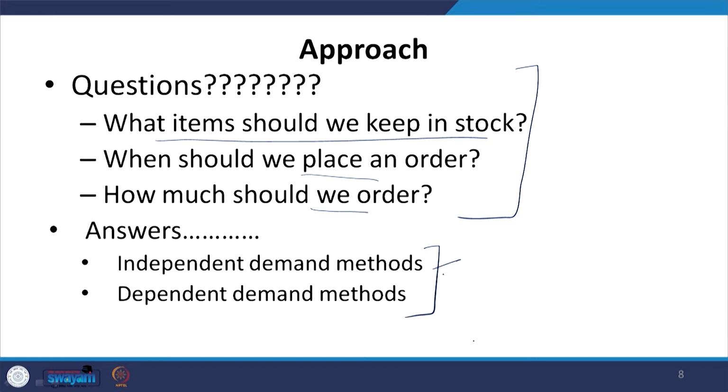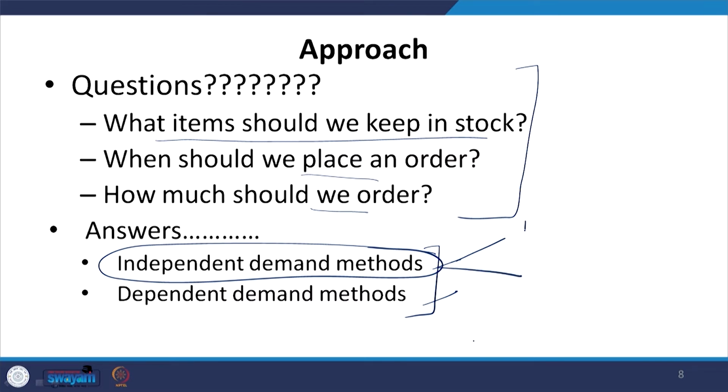Independent demand methods and dependent demand methods. So far whatever we have discussed is part of independent demand methods. P type, Q type, single period model, all these are part of our independent demand methods. And in independent demand methods also there are two types of issues.